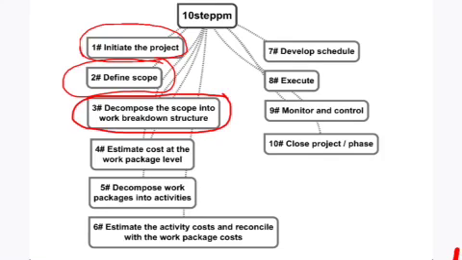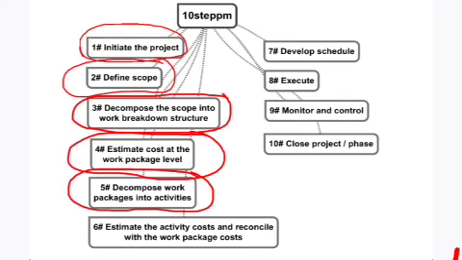Then once the work packages are known, we estimate the effort and cost of the work packages, so that a kind of budgetary estimate for the project is available. And the next step, step number 5, is decomposing the work packages into activities.